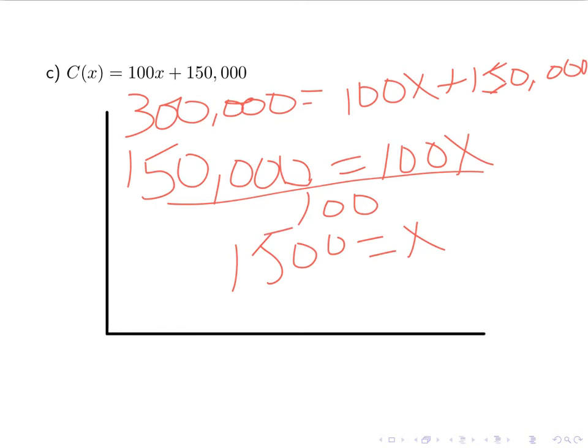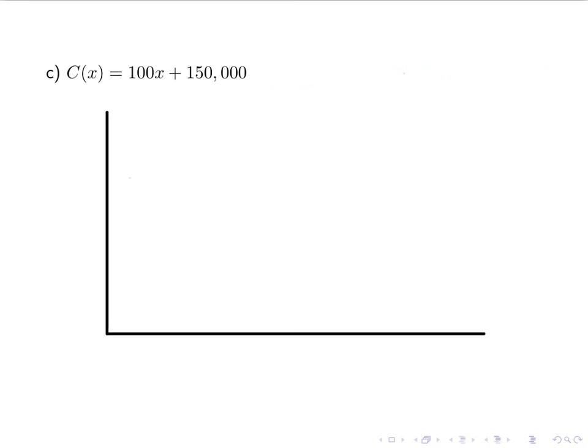And then, again, I'm going to erase this so that I can draw it. But again, we're going to plot 0, 150,000 and 1,500, 300,000. So for my y direction, I'm going to go by 100,000. So this one's 100K.